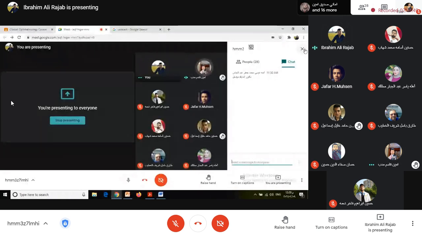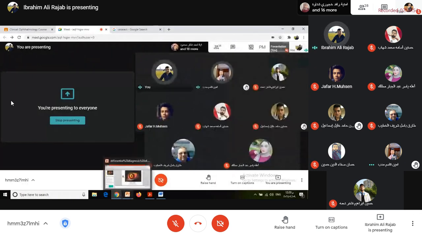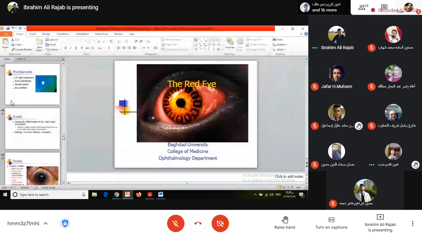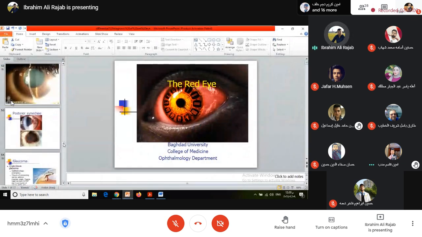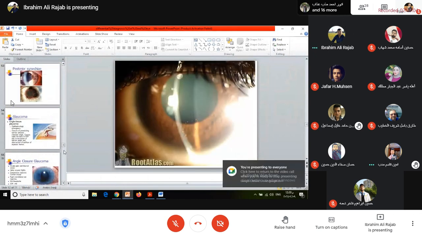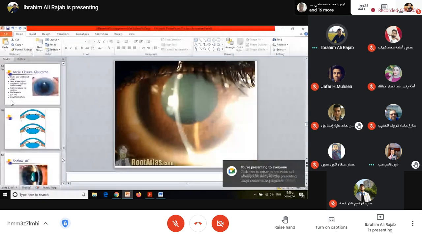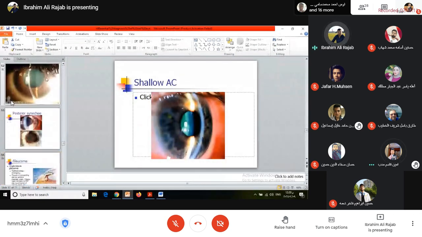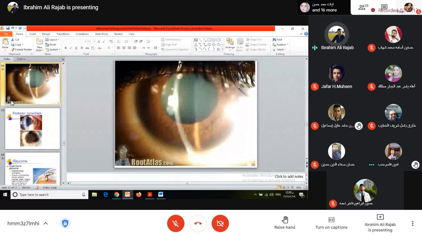Okay. In acute angle closure glaucoma there will be a shallow anterior chamber, while in acute anterior uveitis there will be a deep anterior chamber. So this is shallow and that is deep. In acute anterior uveitis there will be signs of acute anterior uveitis.